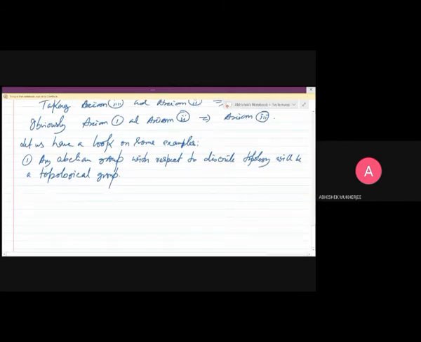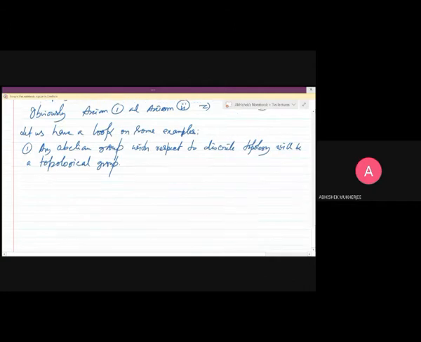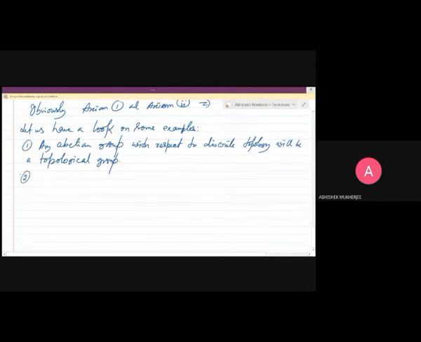And these examples will be used as counterexamples in many cases. Number 2, suppose you are having the additive groups.